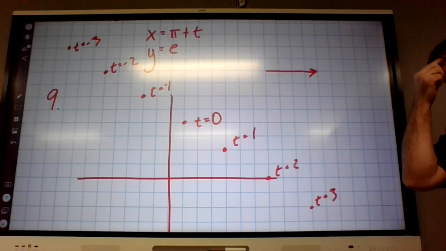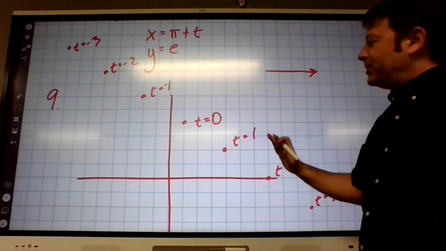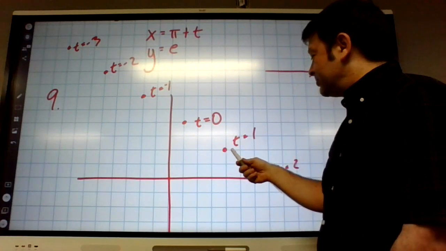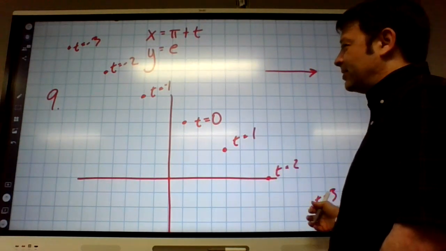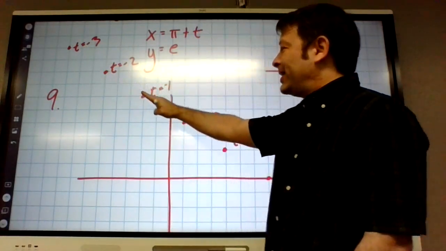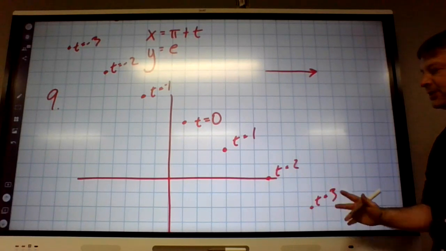You could plot the position of a satellite after 1 hour, 2 hours, 3 hours, this is where it is. So this just shows you as time passes where the location is. Does that make sense?